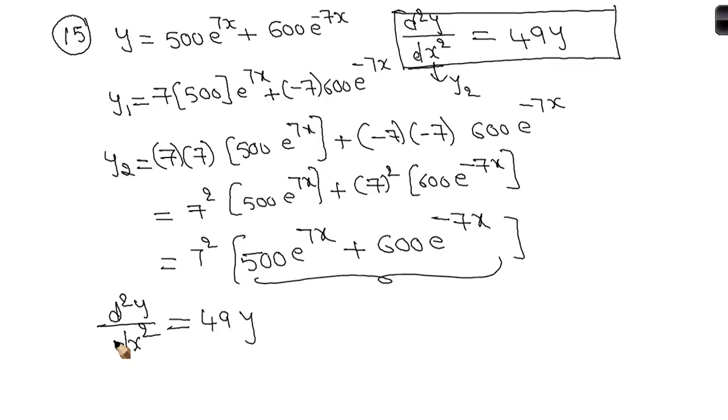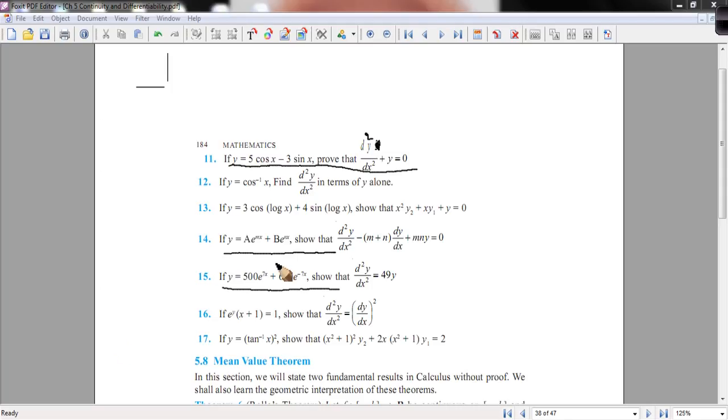Let us solve the next question. If e power y into x plus 1 is equal to 1, then show that d square y upon dx square is equal to dy by dx whole square.